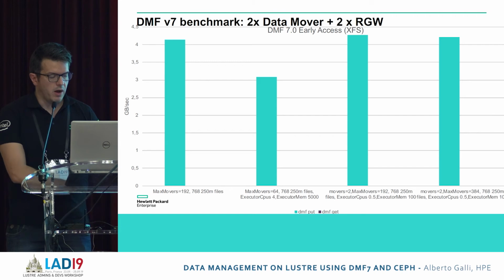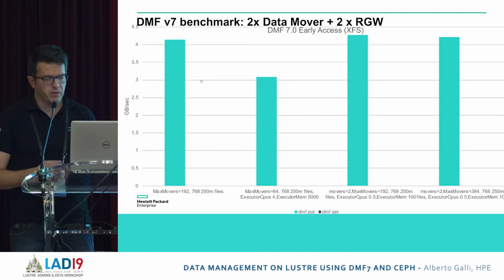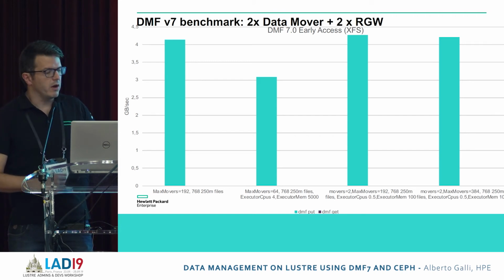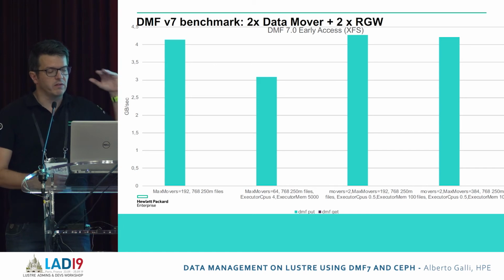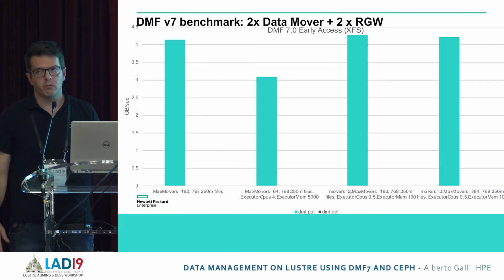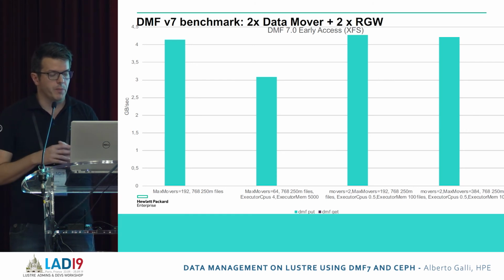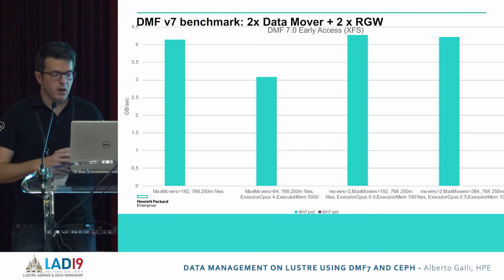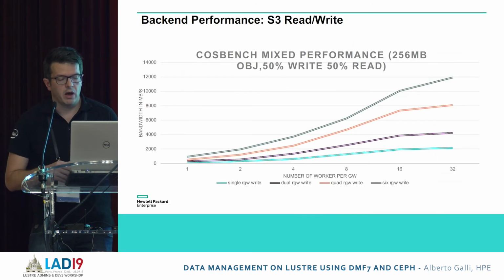There are several parameters, not very interesting here. What is interesting is the performance we got. One data mover and one Rados gateway is capable of doing around 2 to 3 gigabytes per second on a 100 gigabit link. So that's okay. The good thing is that it's scalable, as we've shown here.